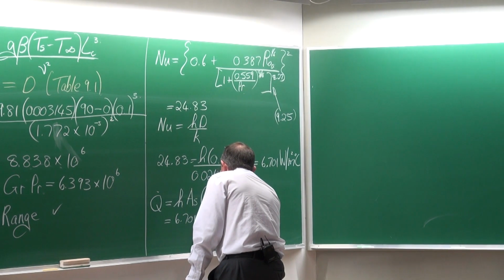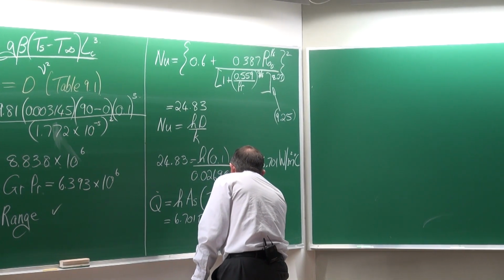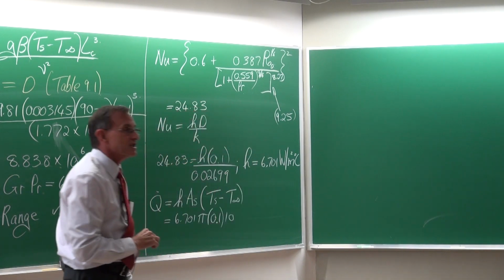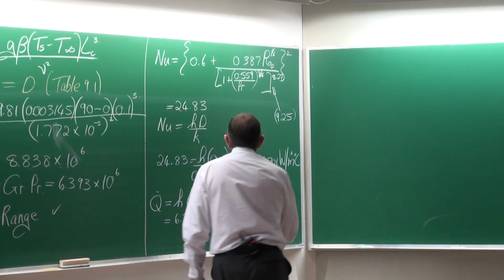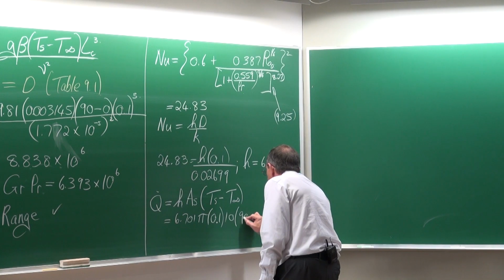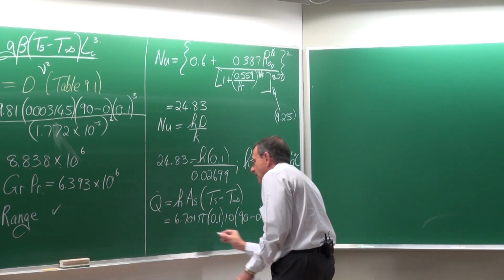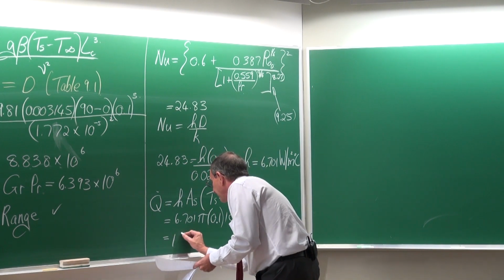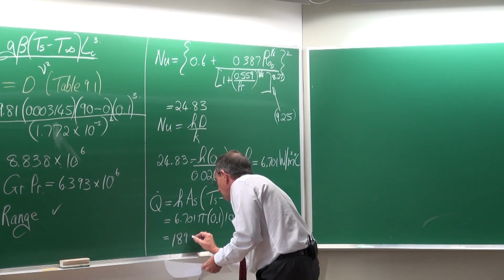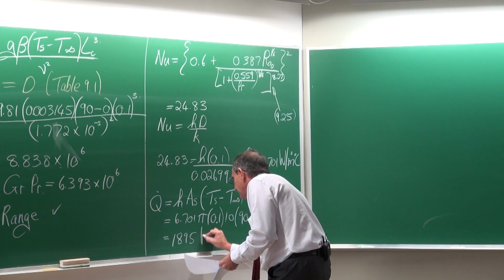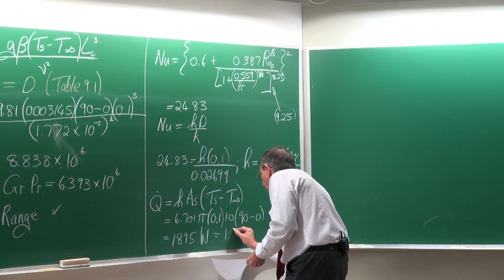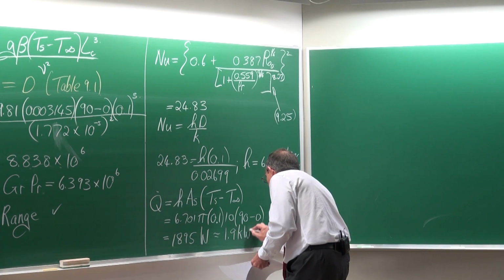It is equal to pi multiplied by the diameter, which is 0.1, multiplied by the length, which is 10 meters, multiplied by the temperature difference, 90 minus 0, and the result is a heat transfer rate of 1895 watts, and that is approximately 1.9 kilowatts.